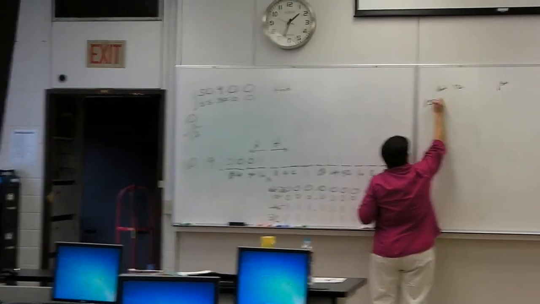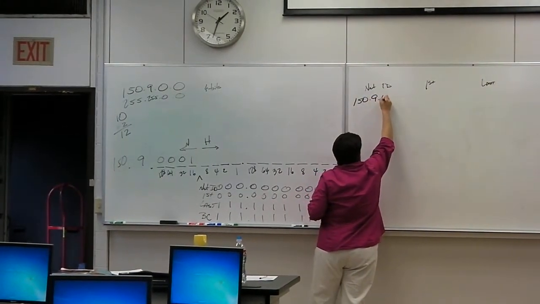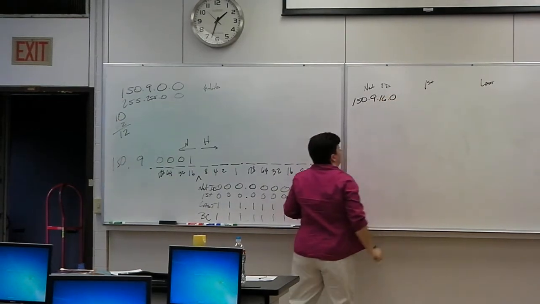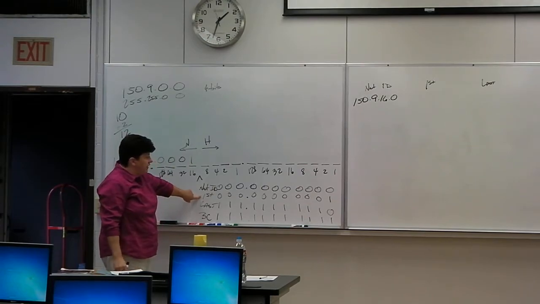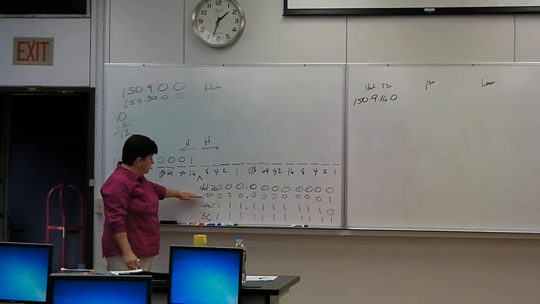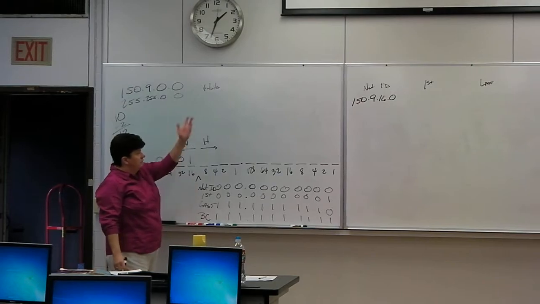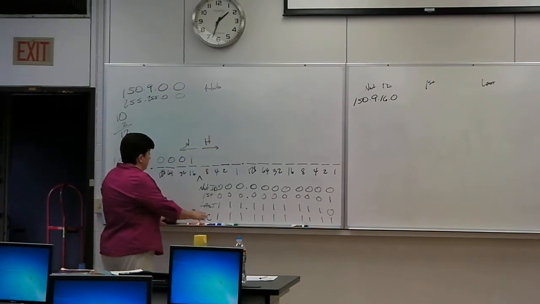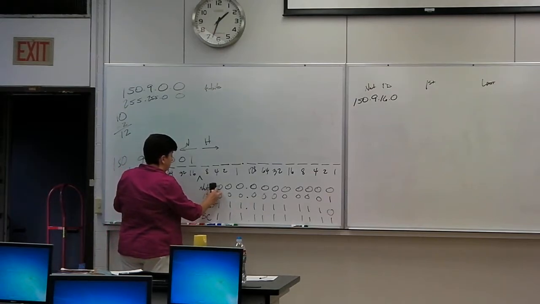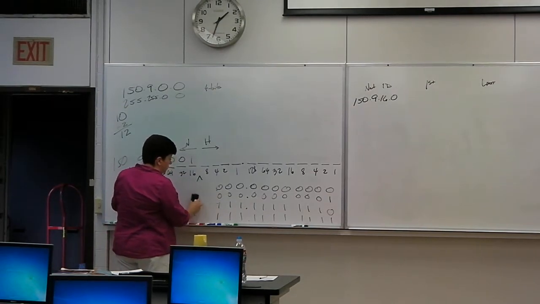So 150.9.16.0. Add 1 to that. So take this second line down here and put it up here. Now, this will change. We make this accurate according to this one.